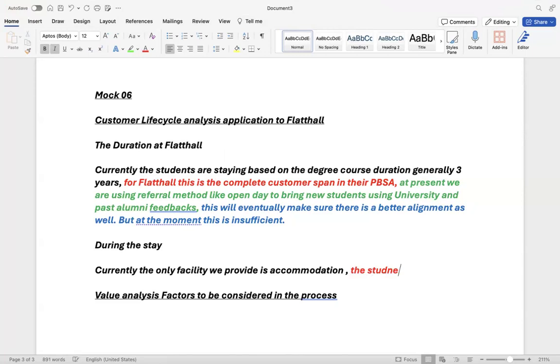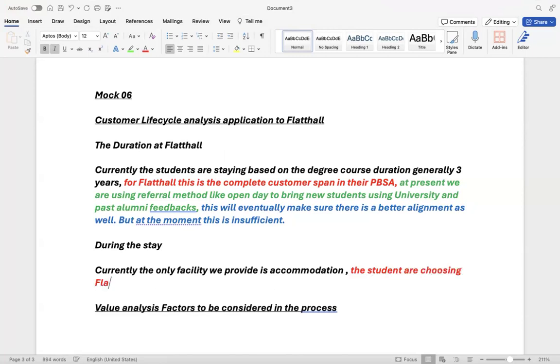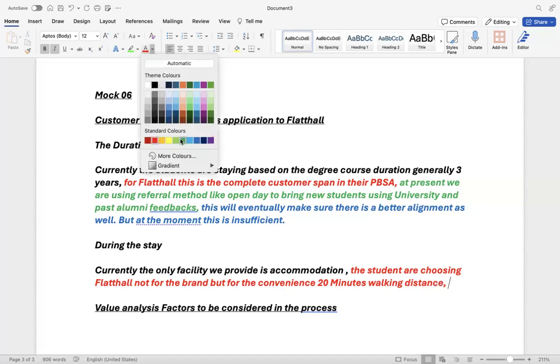The students are choosing Flatthall not for the brand, but for the convenience. So can I say here 20 minutes walking distance? 20 minutes walking distance. So let's continue that step by step.